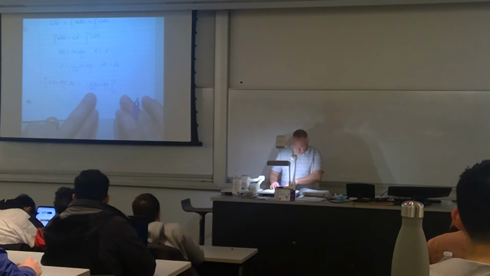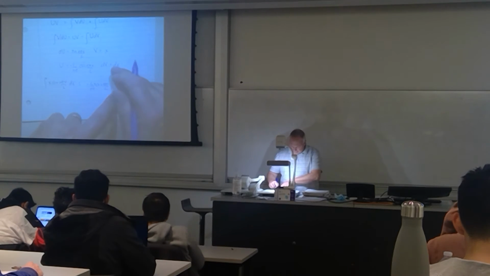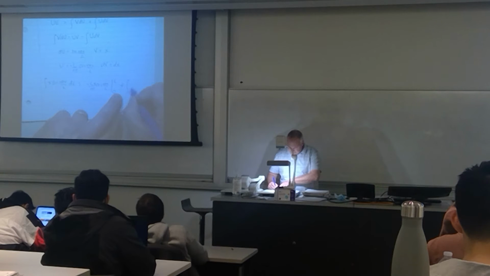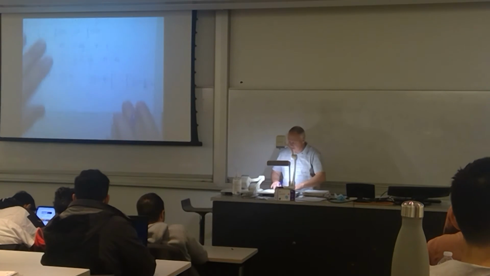Minus, and now I'm going to have this times this. It's minus, but it's minus minus, so now it's the integral from 0 to L of L over n pi cos n pi x over L dx.